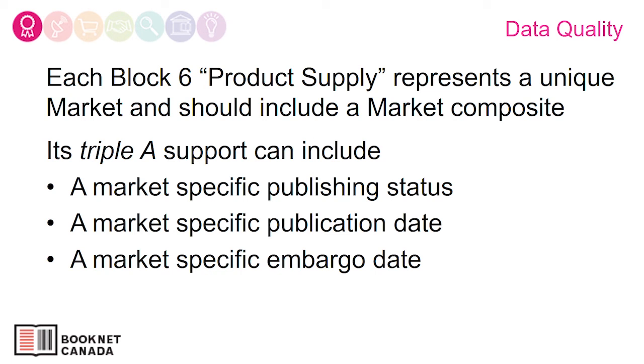Its support can include a market-specific publishing status, a market-specific publication date, a market-specific embargo date, which you get in 2.1, but whatever. It's still in 3.0 too. These are all things identified by Canadian publishers as needs, and their lack of support as a problem and an ongoing source of issues. So this is great news.